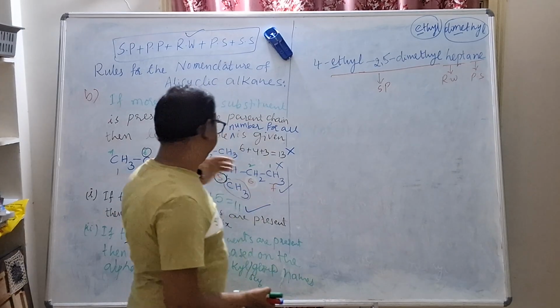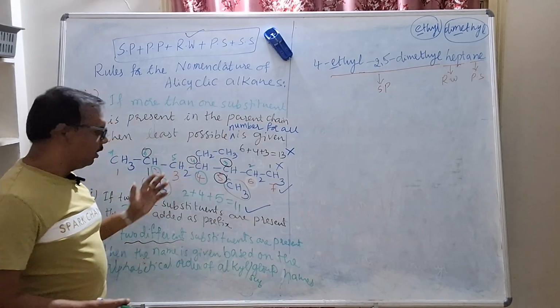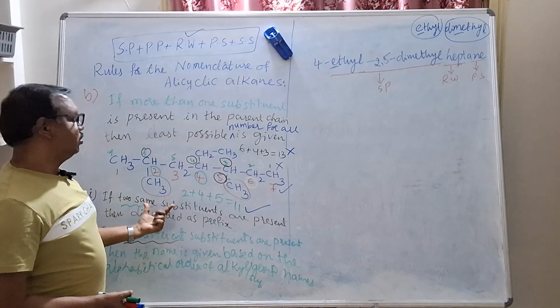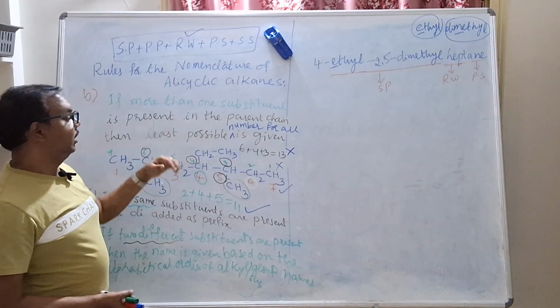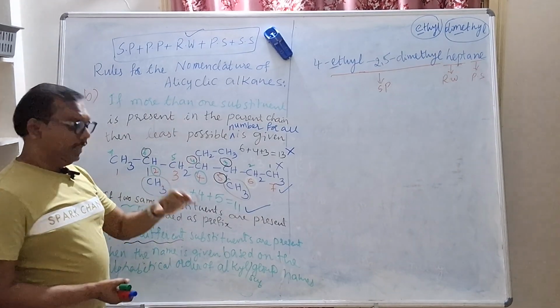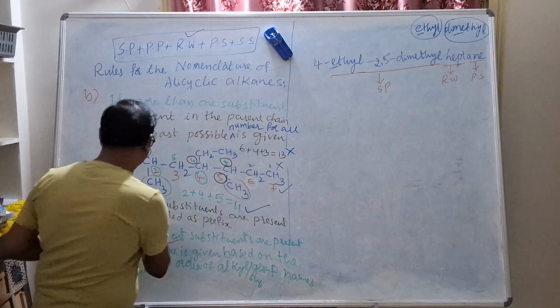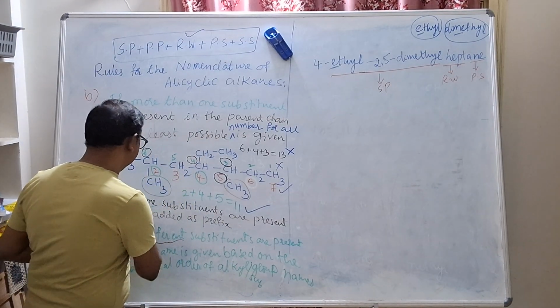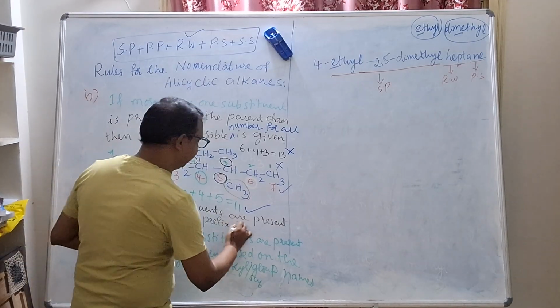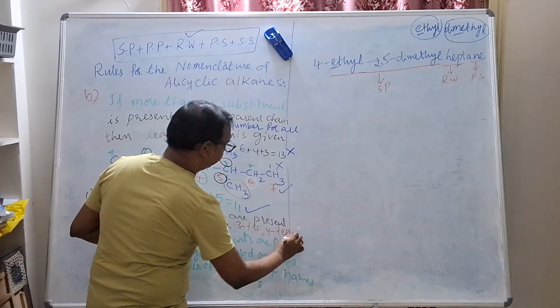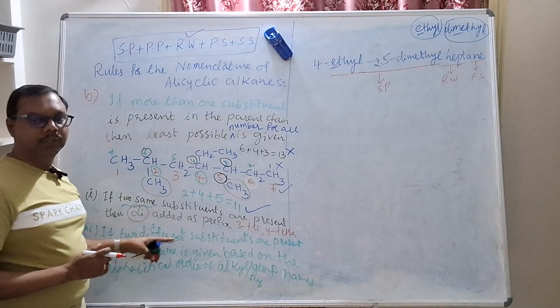But in secondary prefixes, while writing, there are rules we have to follow. What are those? Here, if more than one same alkyl group is present, di, tri, tetra, you have to use. Because here there are 2 same substituents, di is added. But if 3 are there, tri you have to write, 4 are there, tetra, 5 are there, penta. Are you getting my point? Yes.